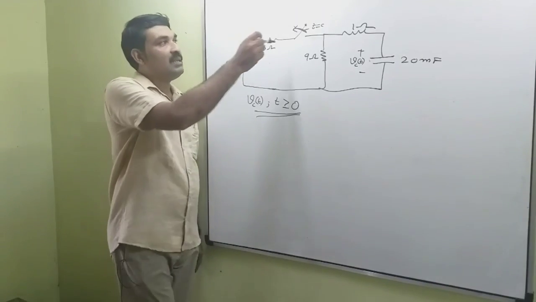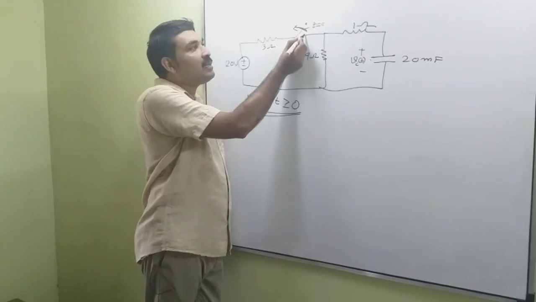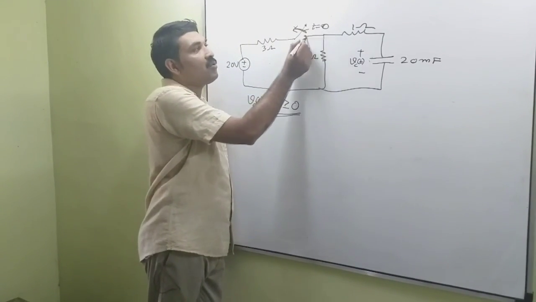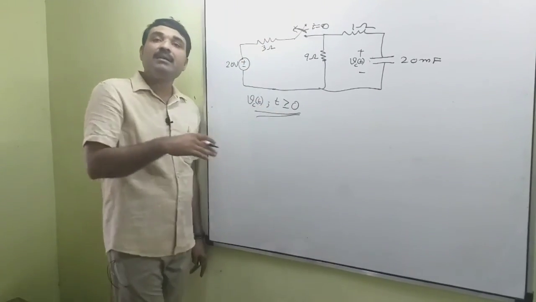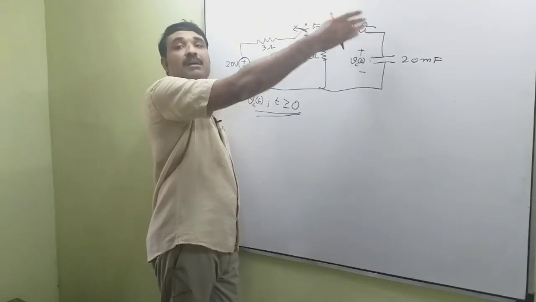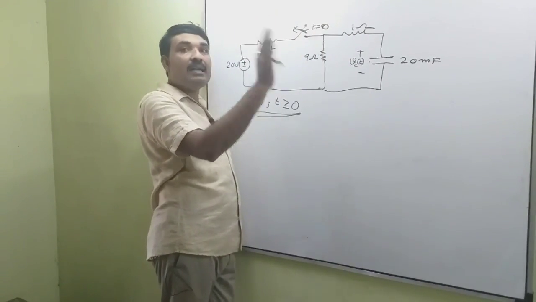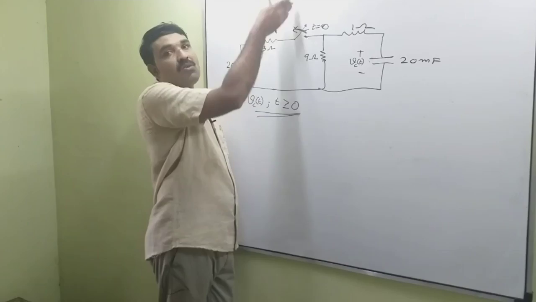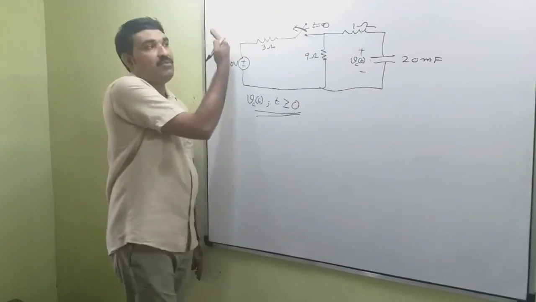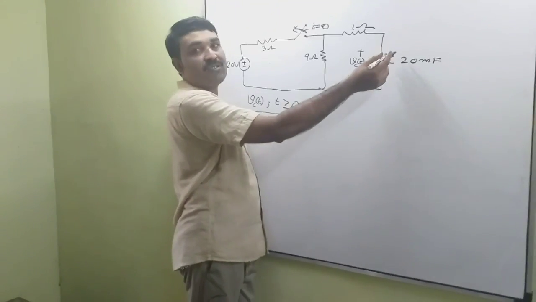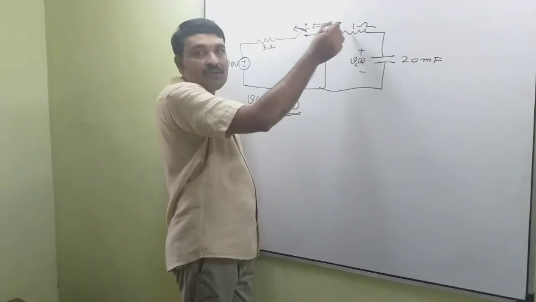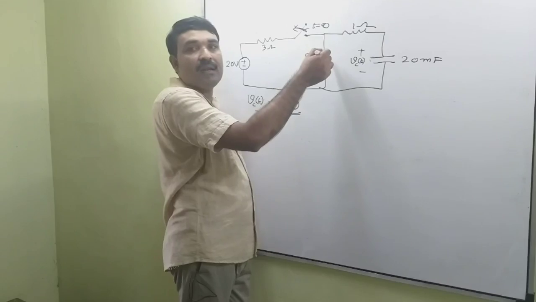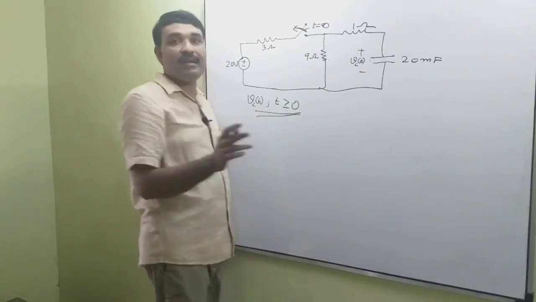From this question, the switch is opened at t is equal to 0. So the switch remains closed for all time t less than 0, and this capacitor gets charged. At t is equal to 0, the switch is open. So this portion of the circuit is removed. Then the capacitor has some charge, and the capacitor will discharge through this resistance 1 ohm and 9 ohm. So that is the condition.